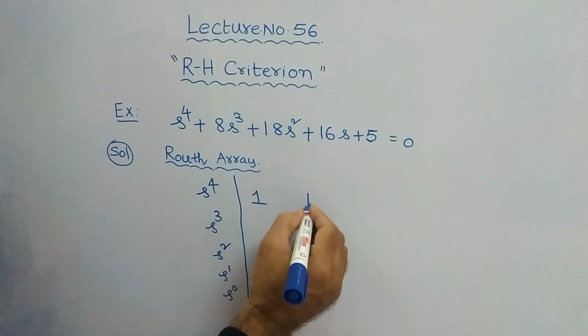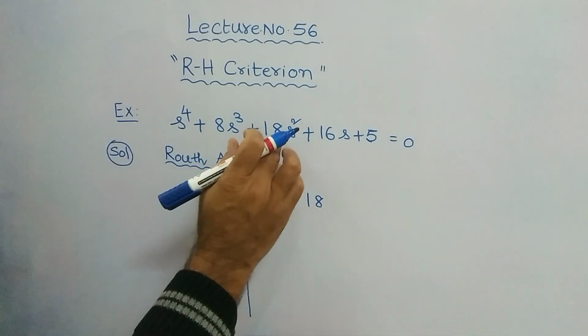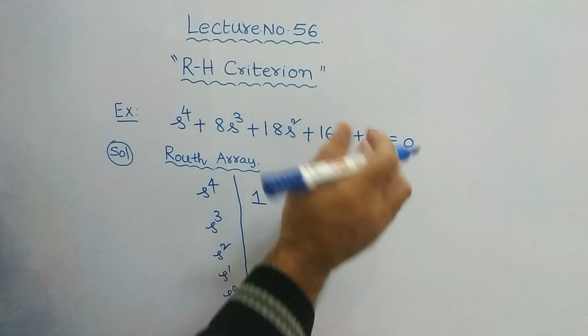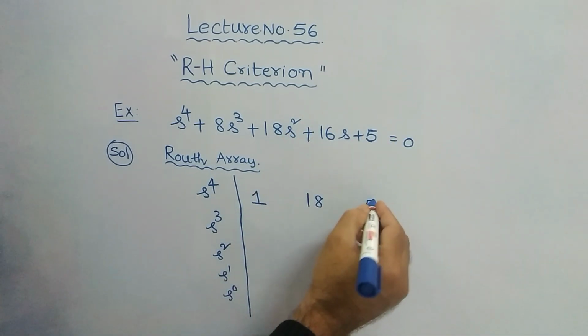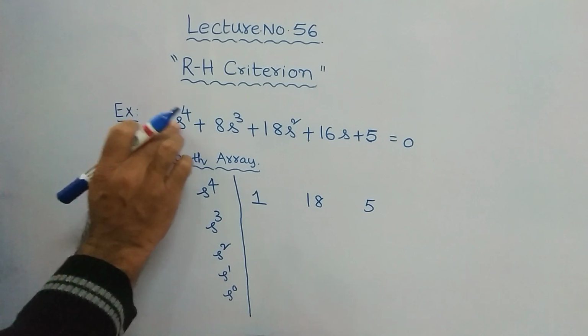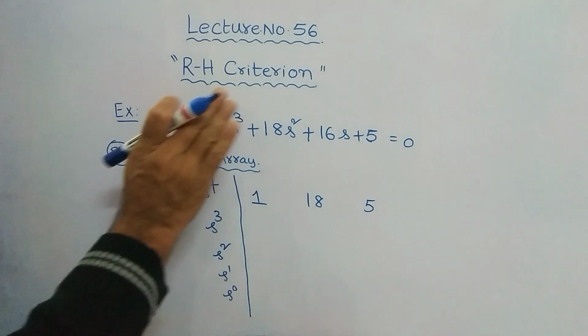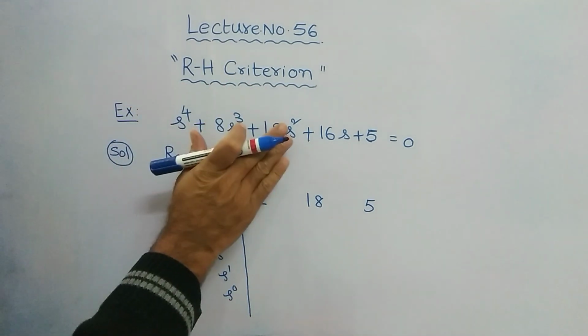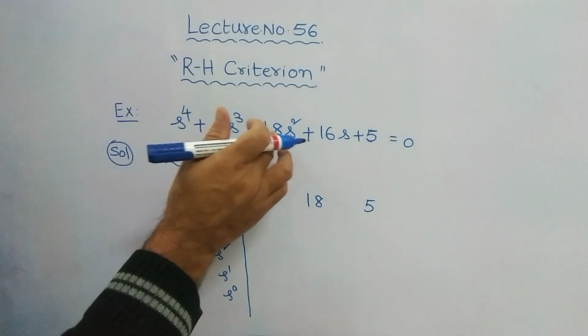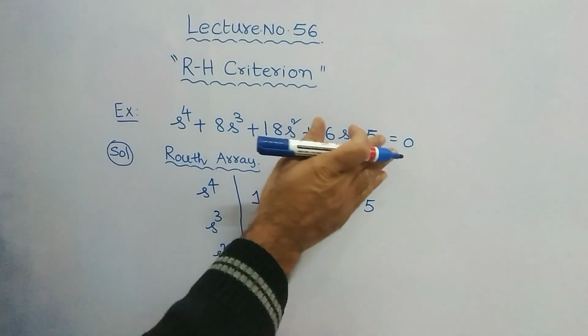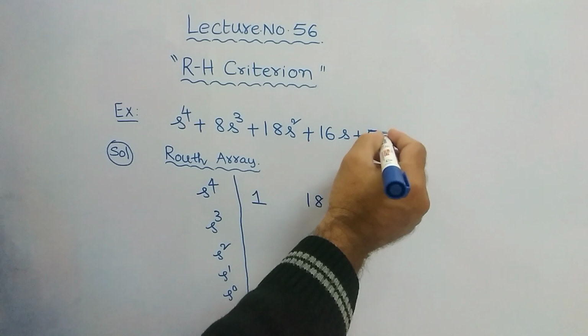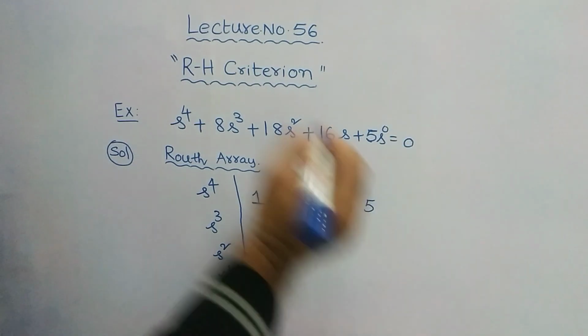Then ignore the next one and write the next coefficient, that is s power 0, which is 5.